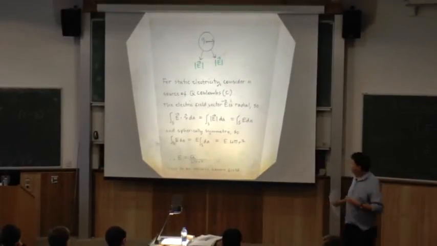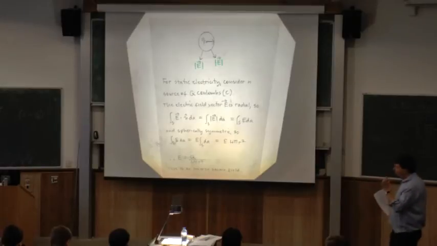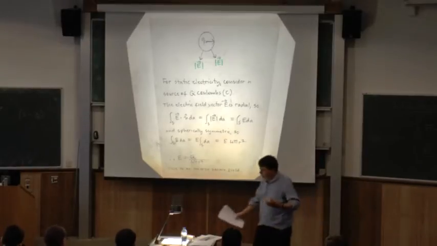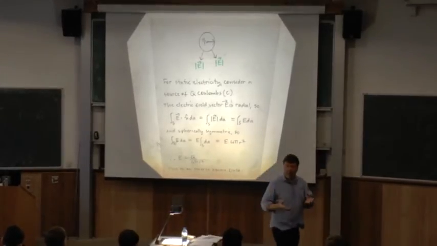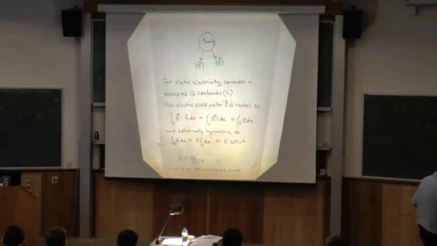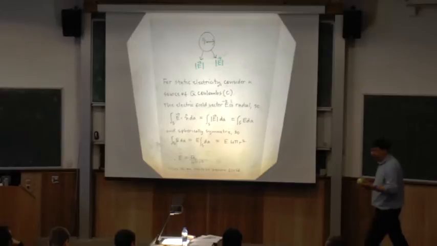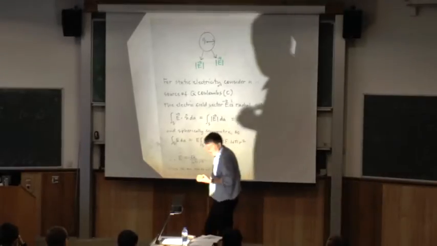Well, the idea is, let's put a point charge at the origin and surround it with a sphere. So let's imagine that we have got a point charge at the centre of this tennis ball. This is an imaginary surface, but a tennis ball is easier to see than an imaginary surface.